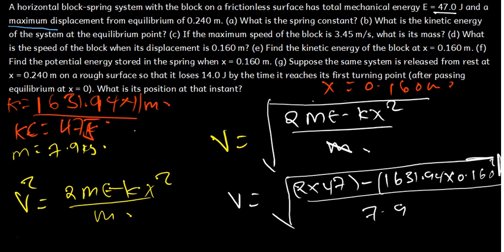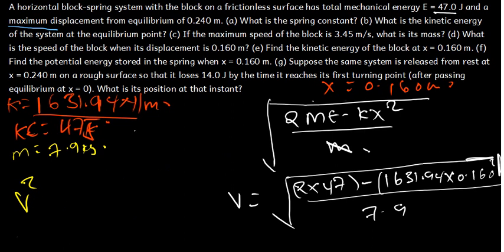Okay, so let's get our calculator. I want first to do the top part. We have 2 times 47.